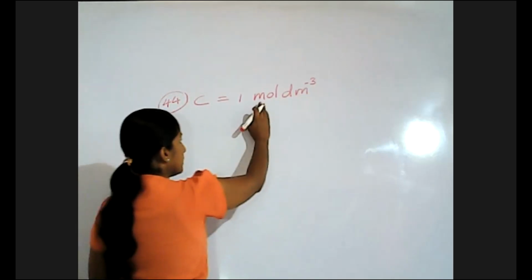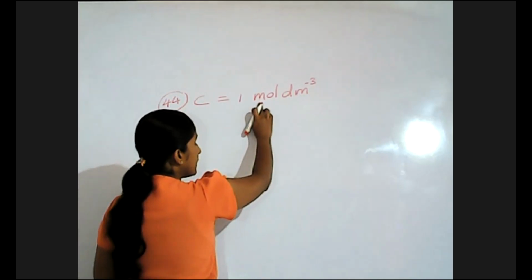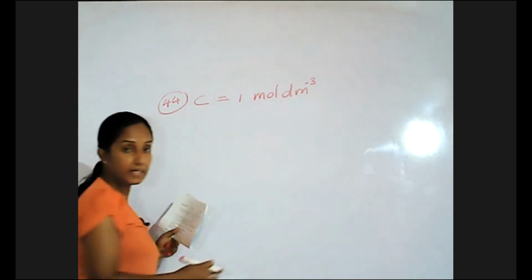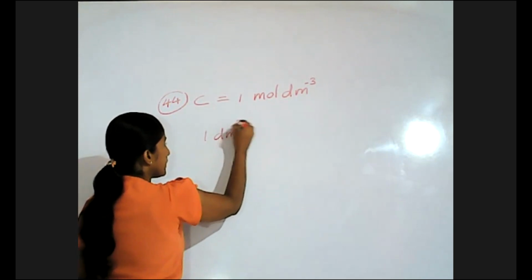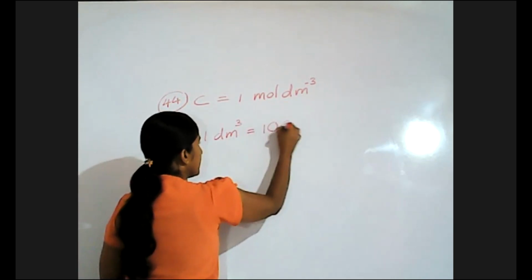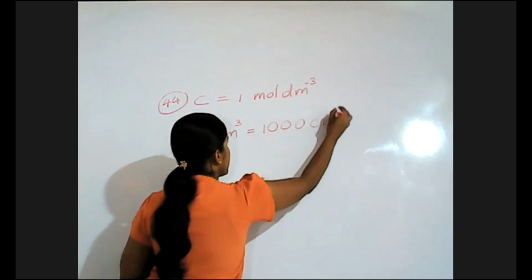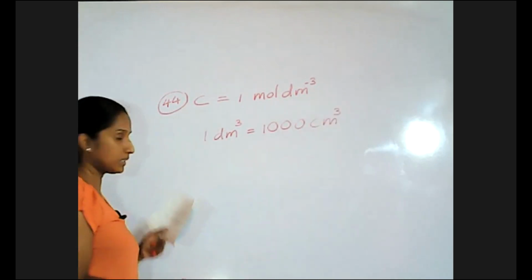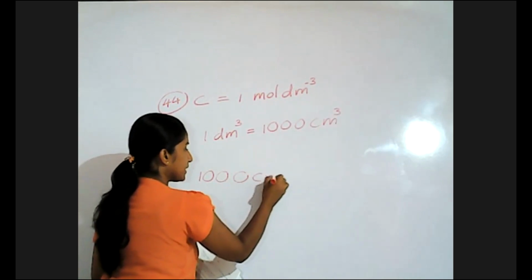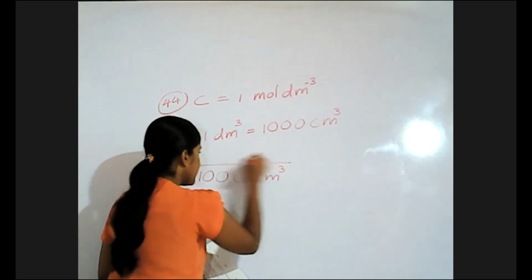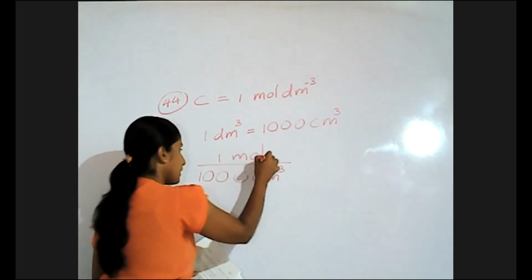So here, 1 mole is contained in 1 cubic decimeter. 1 cubic decimeter means, as I told you last day also, 1000 cubic centimeters. So in 1000 cubic centimeters it contains 1 mole.